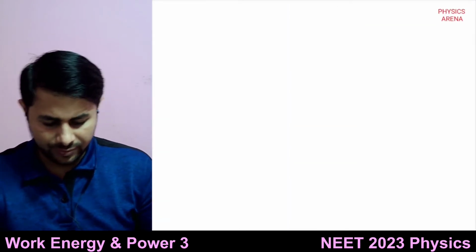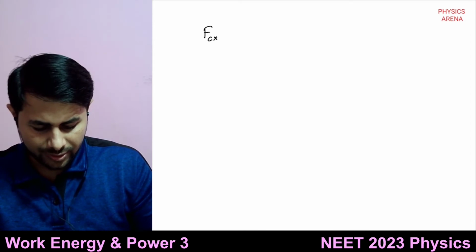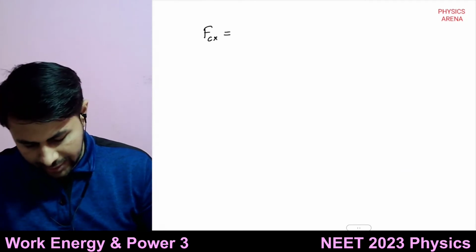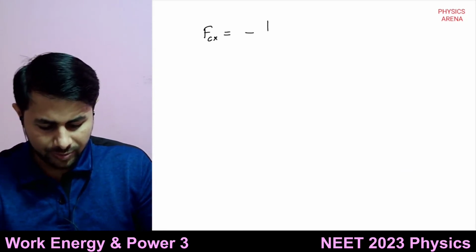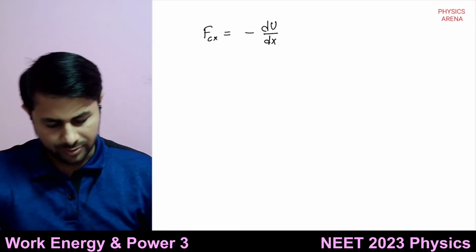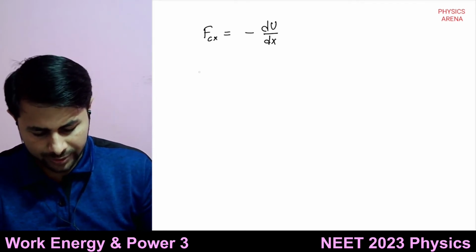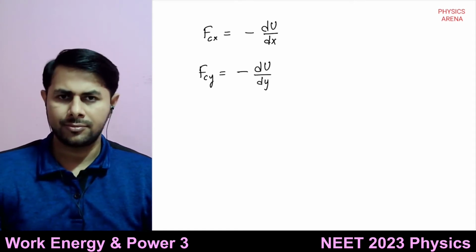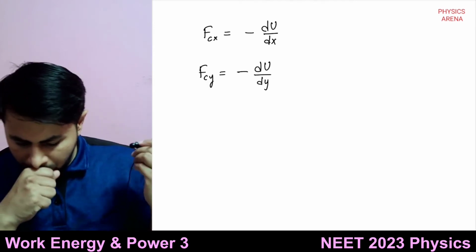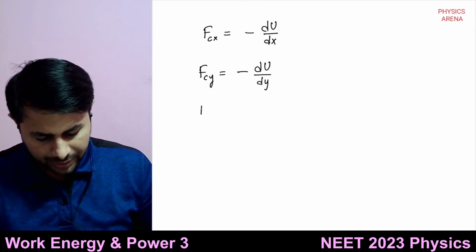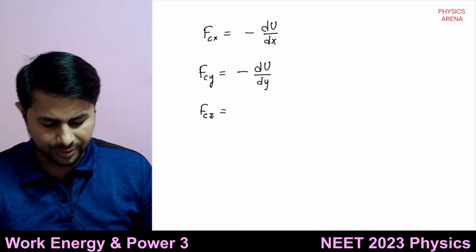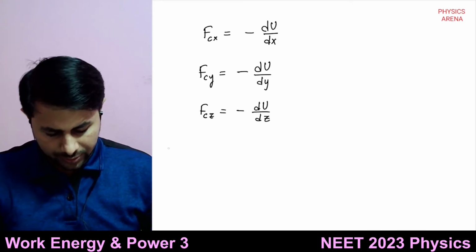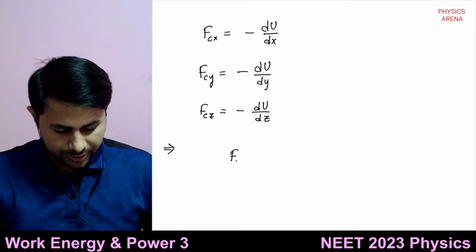So in general force will have 3 components. What can I say? For the x component of this conservative force, I can write it is equal to minus dU by dx. The y component Fcy is equal to minus dU by dy, and the z component Fcz is equal to minus dU by dz. Therefore, how can I write the force Fc bar?